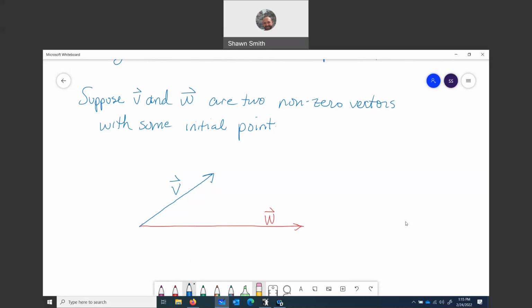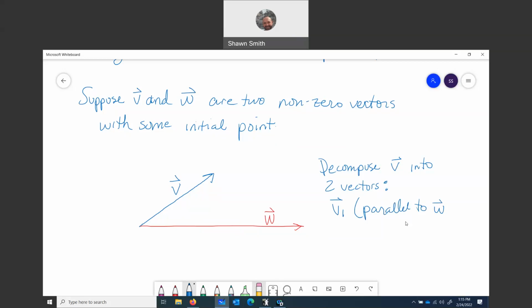We're going to decompose V into two vectors. We're going to call one V sub 1. This is going to be parallel to W, so it's going to look just like W, but of different length.